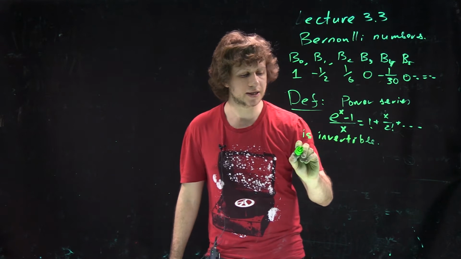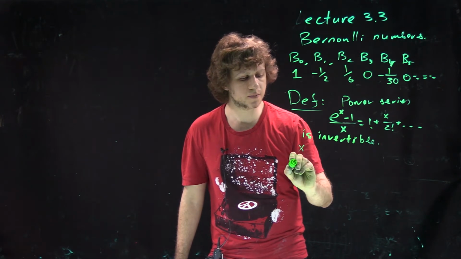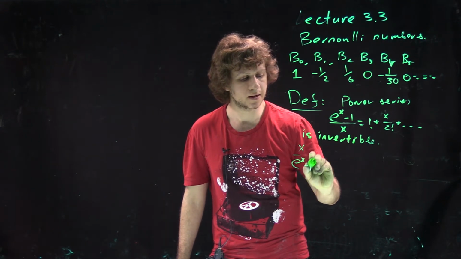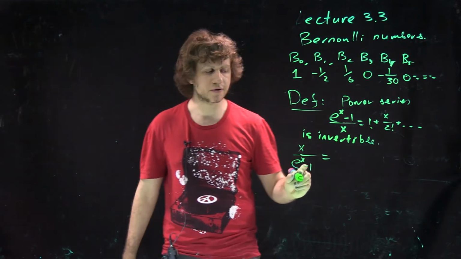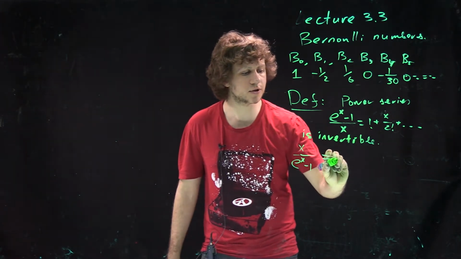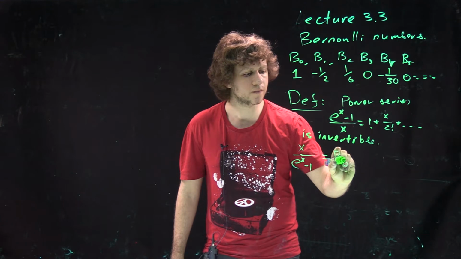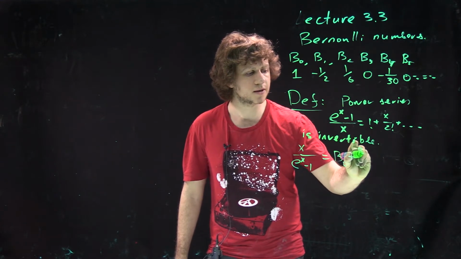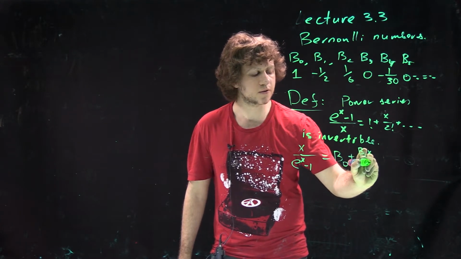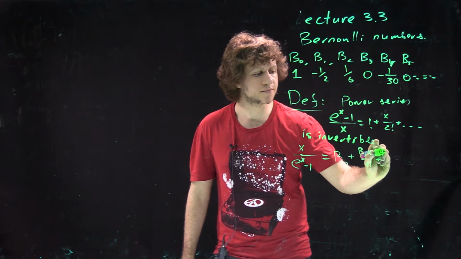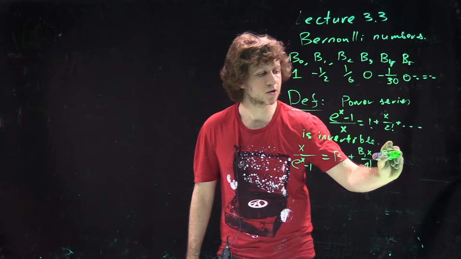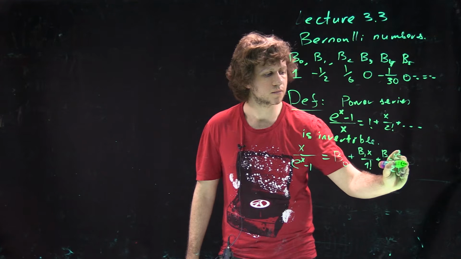Then we can write down the inverse, x/(e^x - 1), and write it as a power series. I will write it in the following way: b0 + b1 x/1! + b2 x^2/2! + and so on.